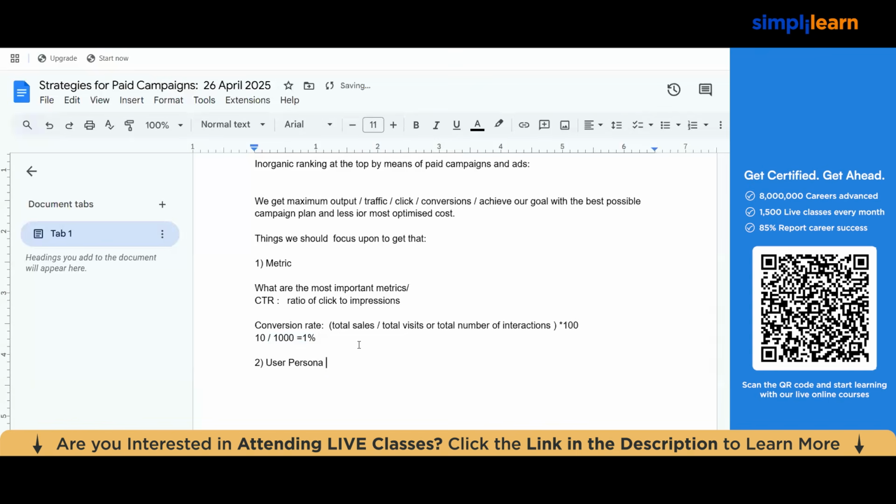And based on all these factors, what you do is you build a buyer's persona. This is a very important factor called buyer's persona, and a huge amount of money is spent by the brands to build their ideal user's buyer persona.